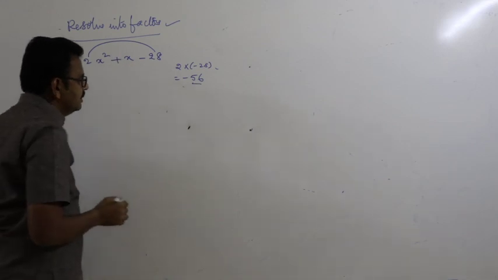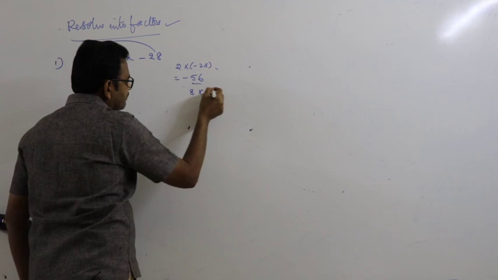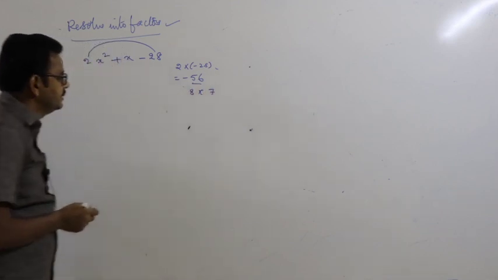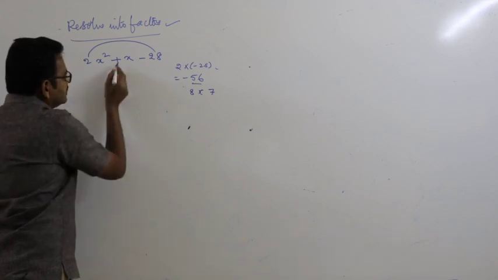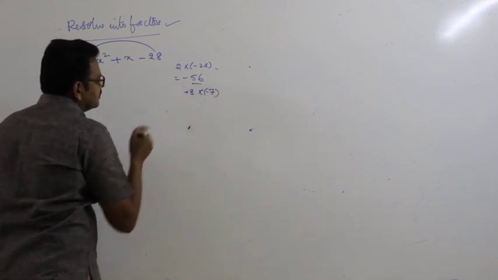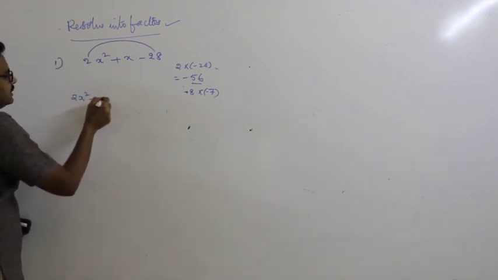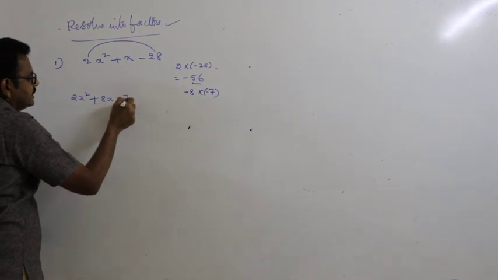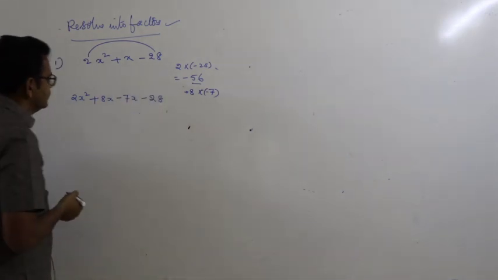For these factors, 8 into 7, that is 56. But here the sum is plus, so you put plus for one and minus for the other. So this is 2x square plus 8x minus 7x minus 28.